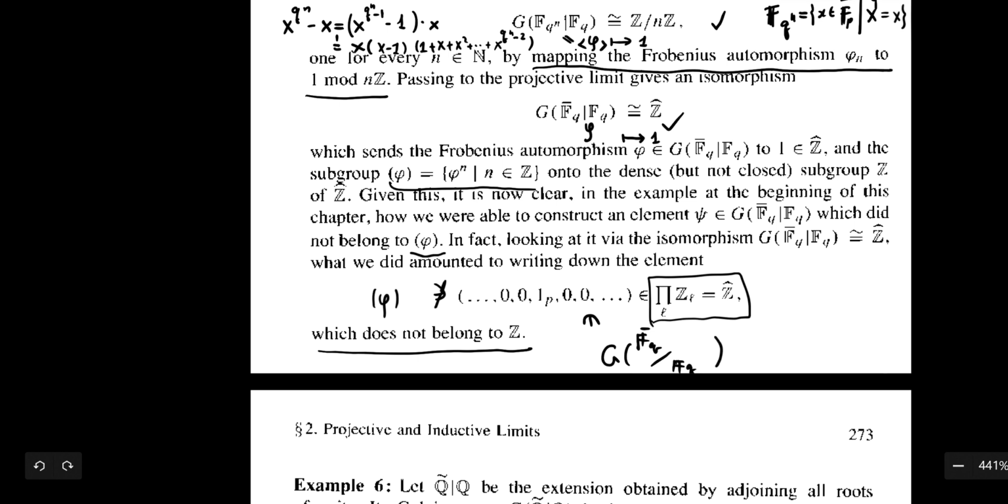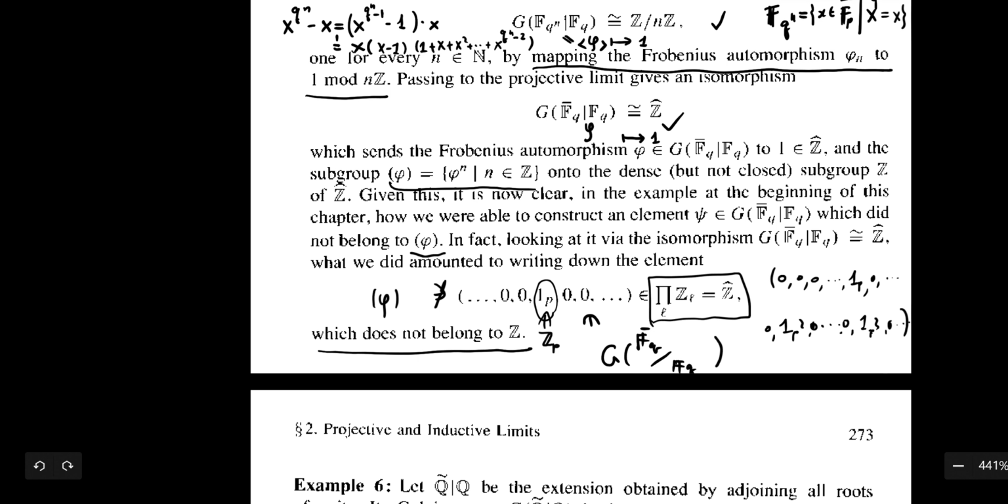So this element actually corresponds to 0, 0, 0, then 1_p, and then 0, 0, 0, 1_p squared, 0, 0, 0, 1_p cubed, and so on. Taking the limit, it becomes the element in Z_p, right, this position becomes 1_p in Z_p.